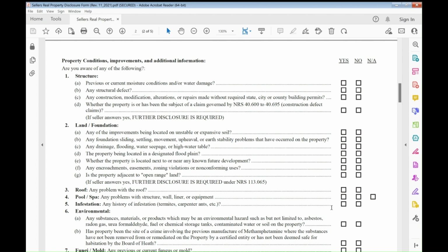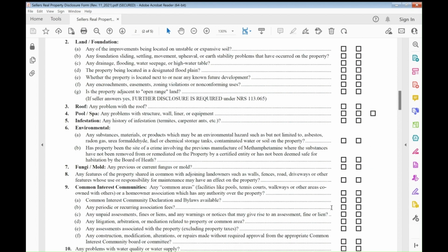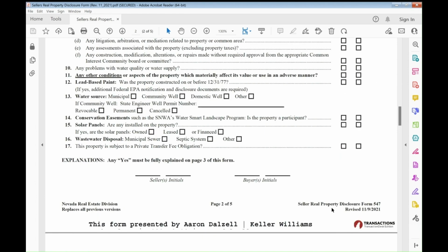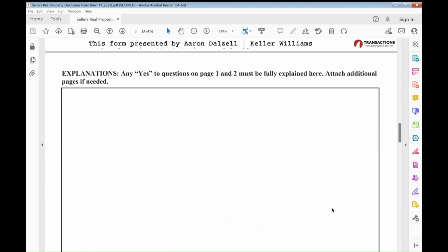Now, for any of these options that you are selecting yes for, where you do know that they're not working properly or there's a defect with them, you're going to scroll down to page 3 here. It's going to give you a nice text box to give any explanation that you may have to any of these questions.